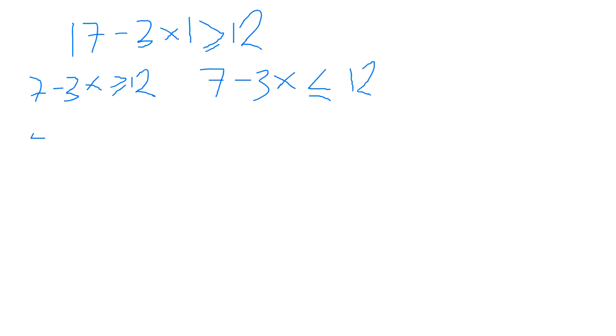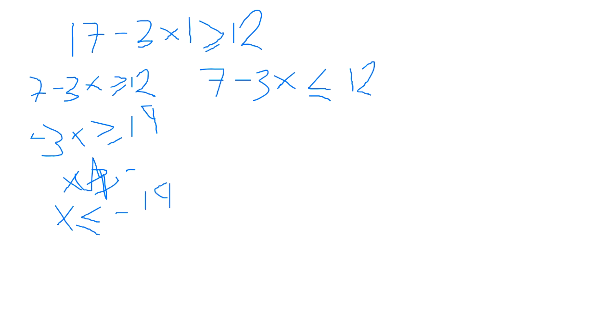We are going to get minus 3x greater than or equal to 19. Then remember that if you divide through by a negative, the sign will change. So x will be less than or equal to minus 19.